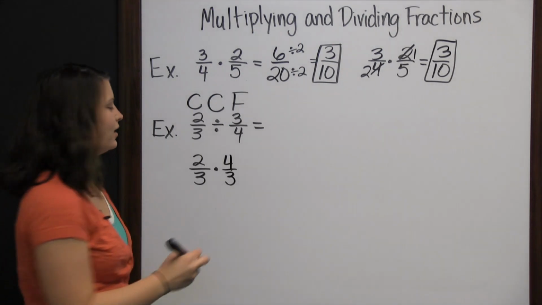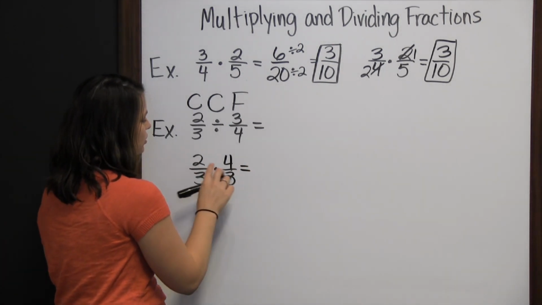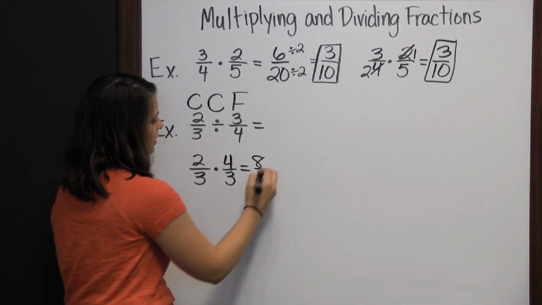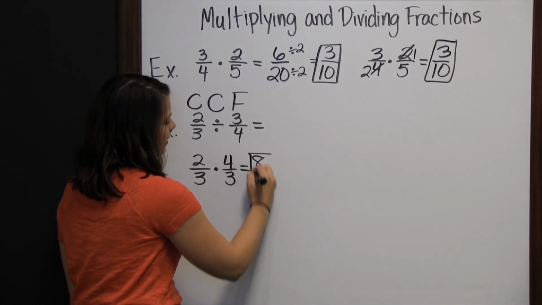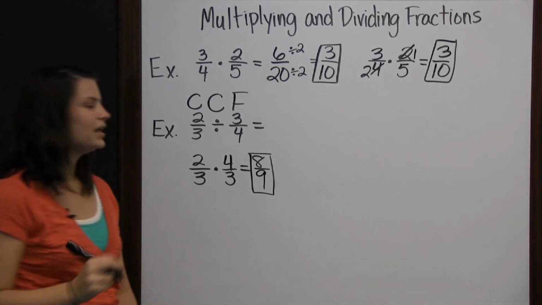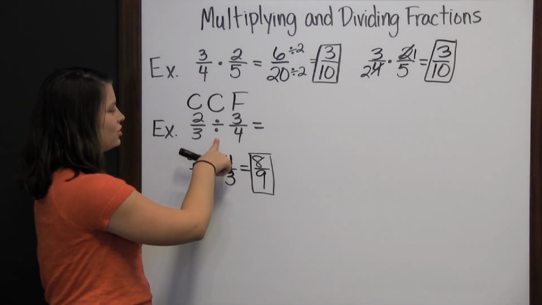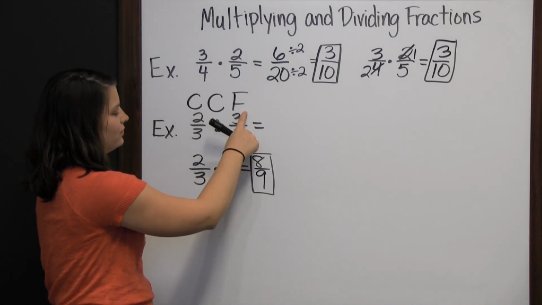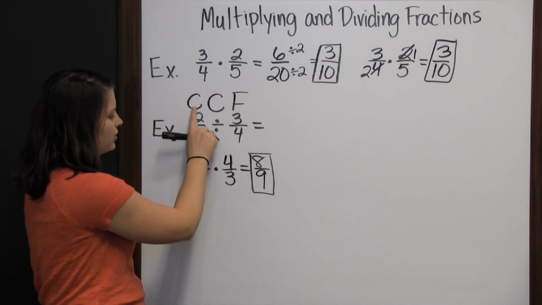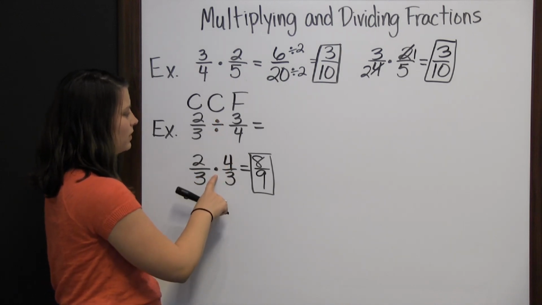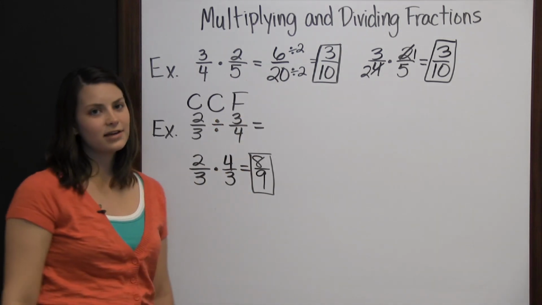And now we multiply like normal. 2 times 4 is 8, and 3 times 3 is 9. And that can't be simplified, so 8/9 is our answer. When dividing fractions, just remember CCF. Copy the first fraction exactly as it is, change division to multiplication, and flip the last fraction.